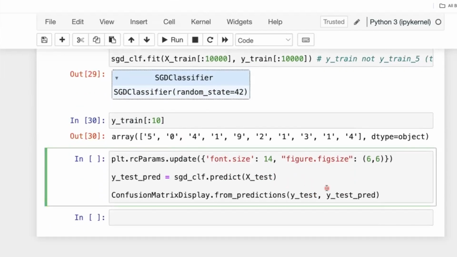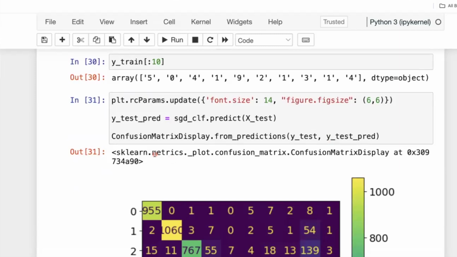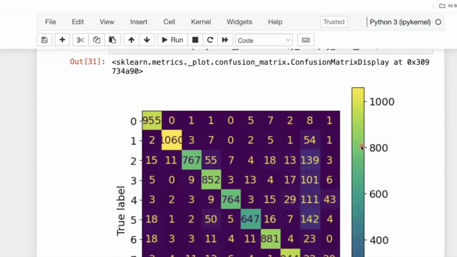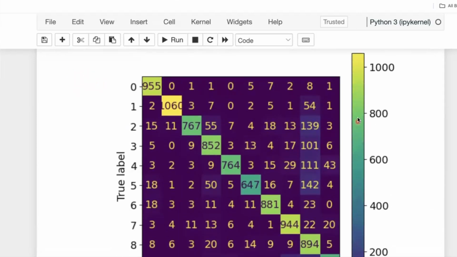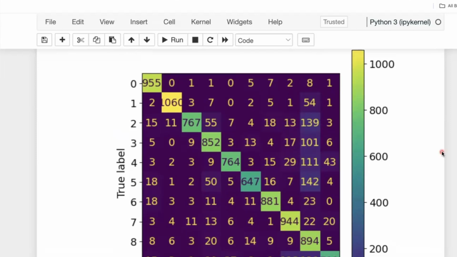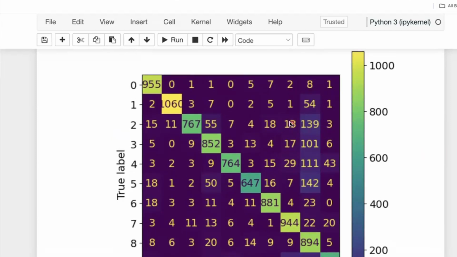But something that also works very well if we have, let's say, up to 10, 20 classes is using confusion matrices. And in this case, again, we can use from predictions, and provide the actual labels and predicted labels. And you can see that if you use this heat map type visualization, we can easily see that we are making some mistakes, but overall these diagonal terms are dominant.